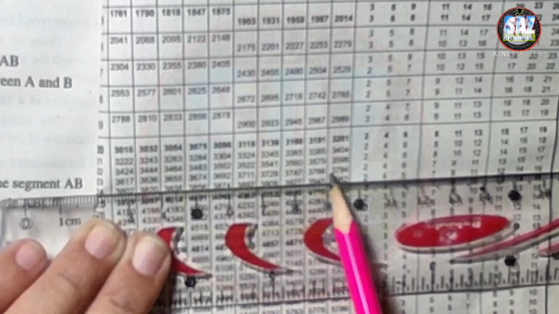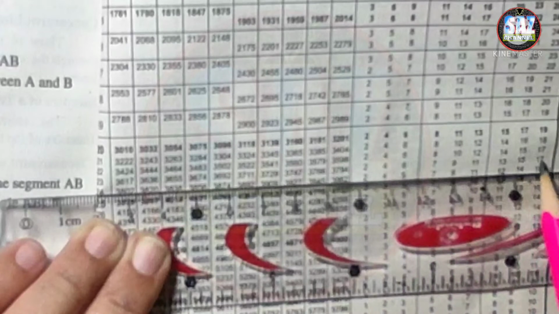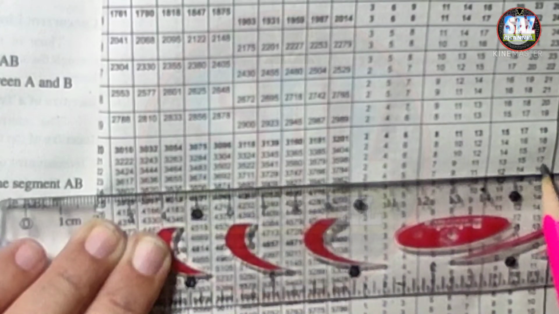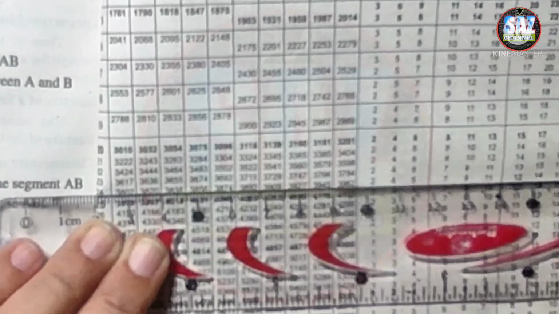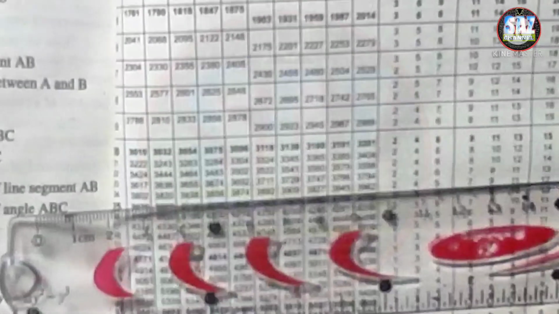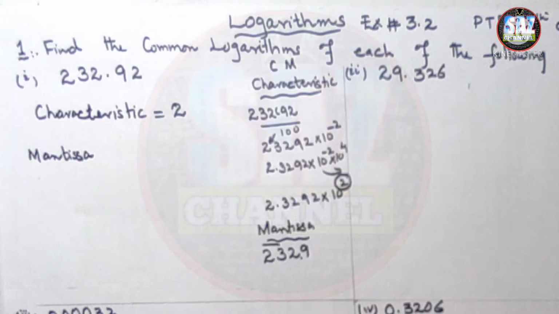Then I have to move for the fourth digit, that is 9, and I have to locate that digit in the mean difference column, and that is giving me 17. I hope you are clear about this, and now let me write down the calculations over here so that I can show you how to do this.